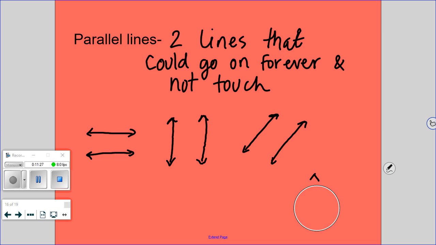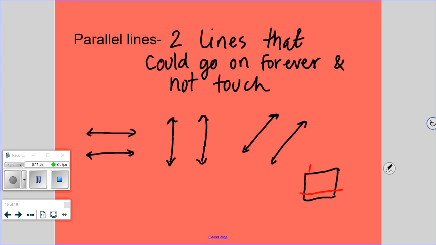Let's look at a square, as best I can draw a square. Show me with your arms where any parallel sides might be. So we have up and down. Those are parallel. Anything else?